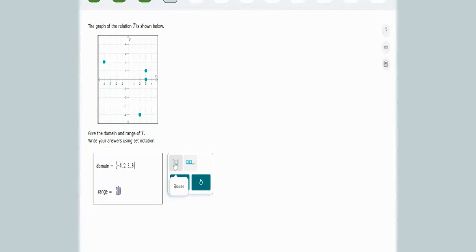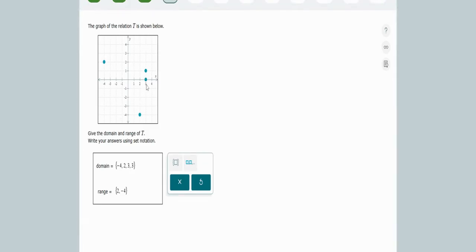Now the range is all of the y values associated with these points. For our left point up here, the y value associated with that one is 2. Then on our next one over, the y value is -4.